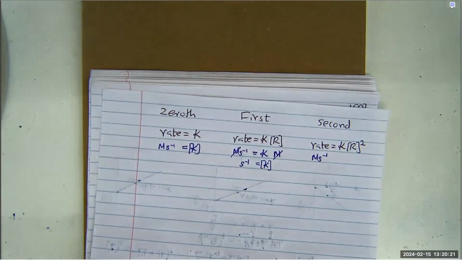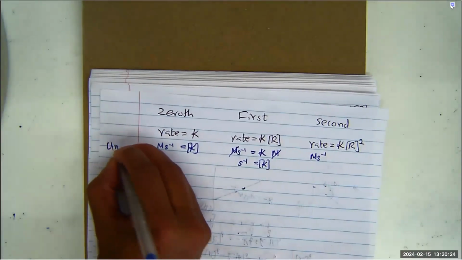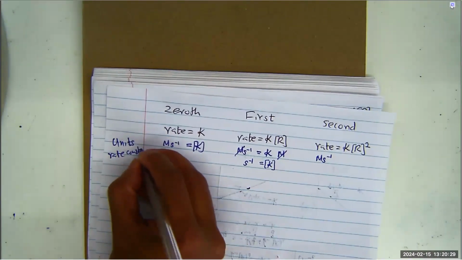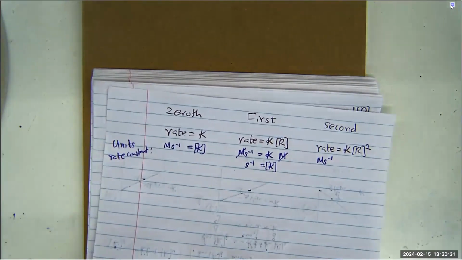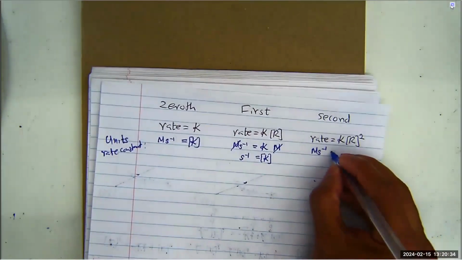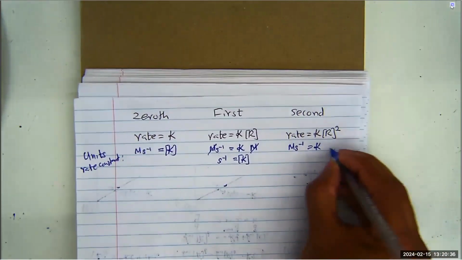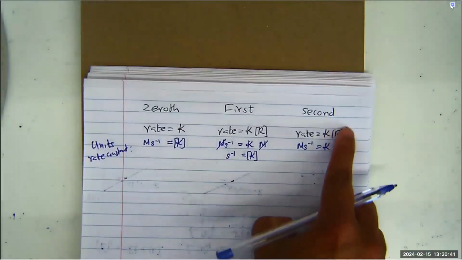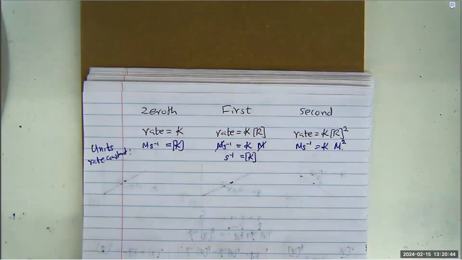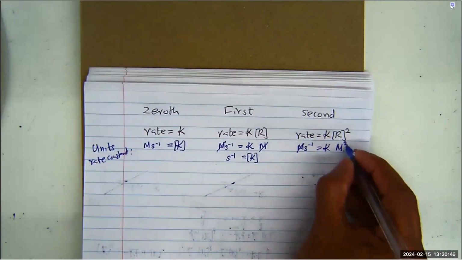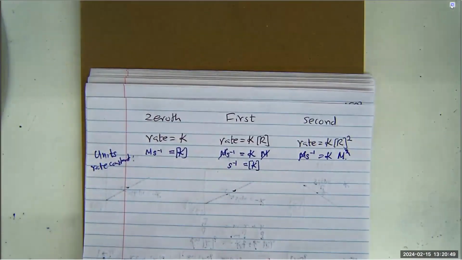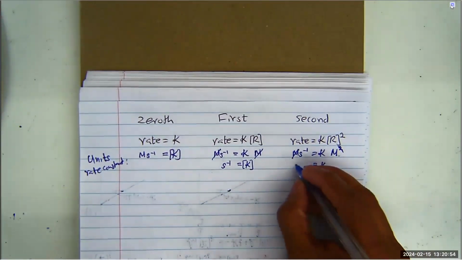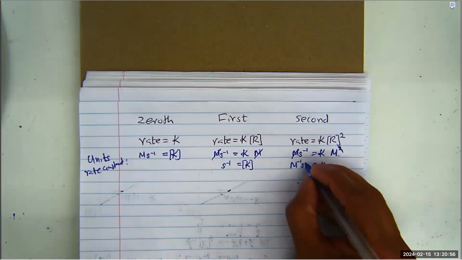I'm deriving the units of the rate constant now. For second order reactions, we have k times molar squared, because we have concentration squared. Only one of these M's will cancel out. Therefore, my k will have units of per molar per second.